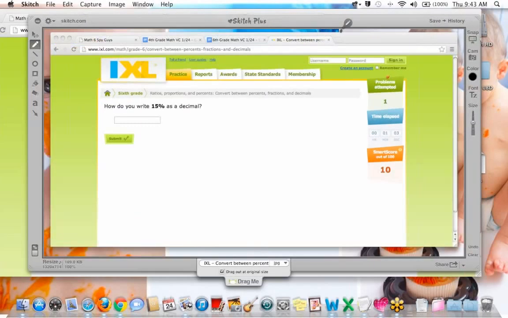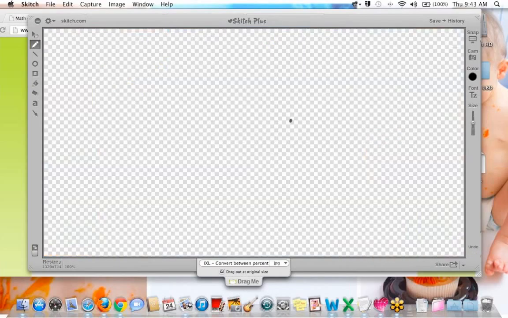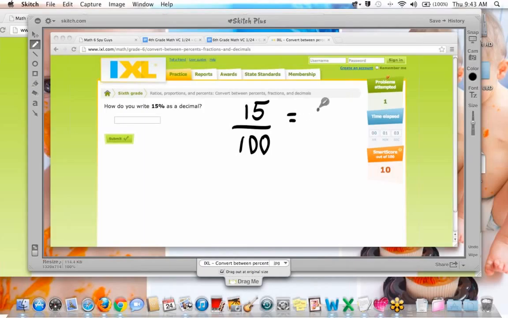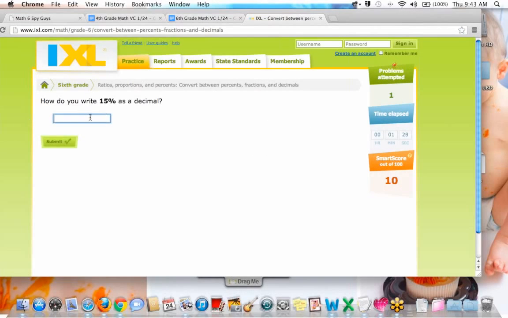When I look at 15%, I know that that means out of 100. So the equivalent fraction would be written like this, 15 hundredths. And so if you just say that word in your head, how do I write 15 hundredths? Well, there you go. Here's your tenths, here's your hundredths position, there's 15 hundredths. 0.15, there we go.